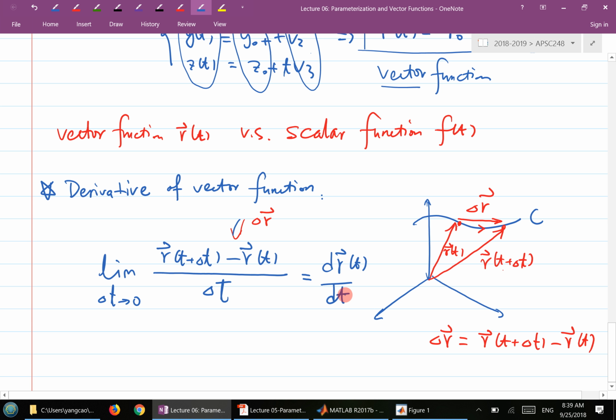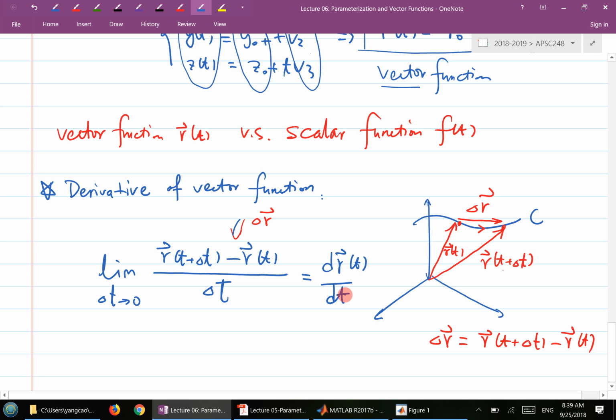Now, of course, I skipped some very rigorous writing here. The derivative doesn't necessarily always exist. It's just like a scalar function: when you take a derivative at a certain point, it probably doesn't exist. If it doesn't exist, it basically means it's not differentiable at that point.